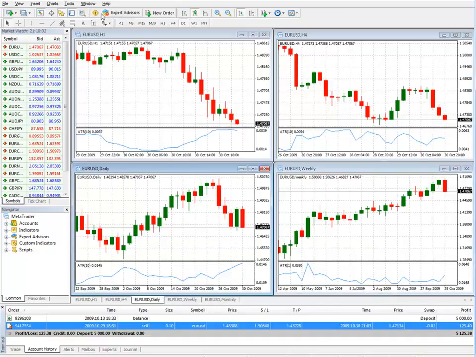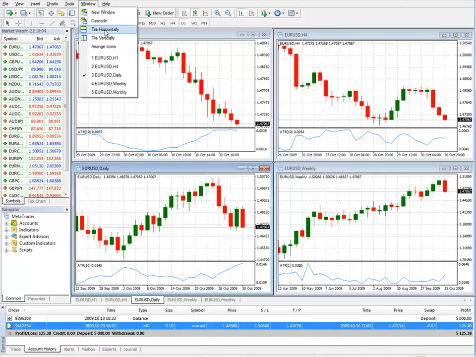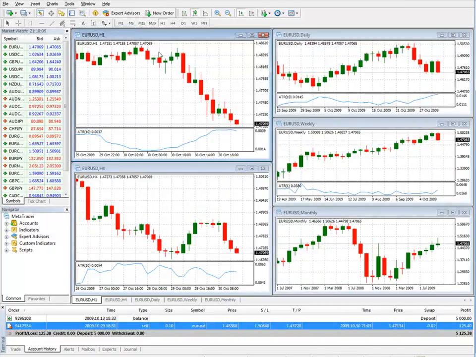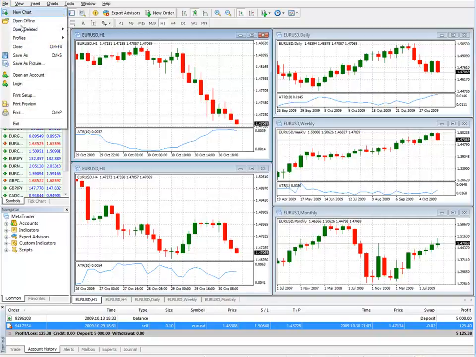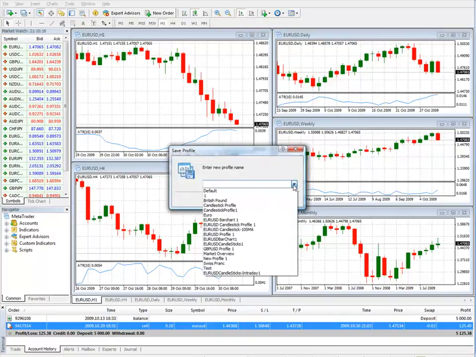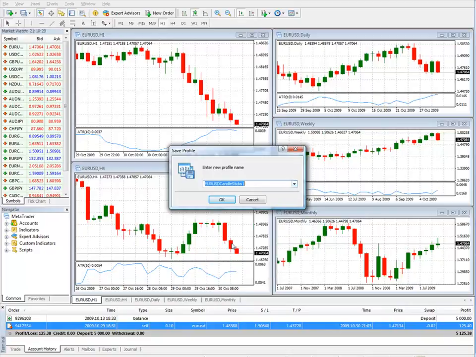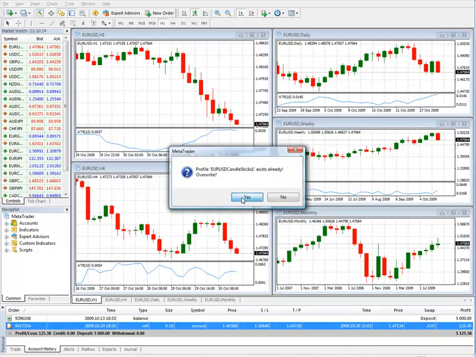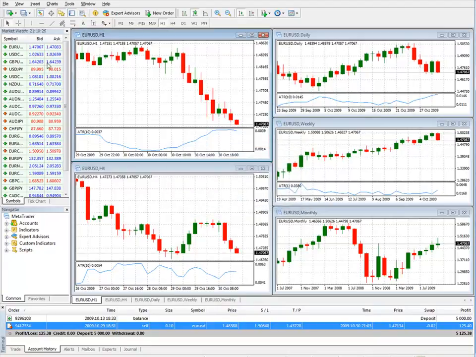Or you can do something standard and then just go through and you're all set there. So I'm going to save that. And we're overriding the old one, basically. Yeah, we want to override it.